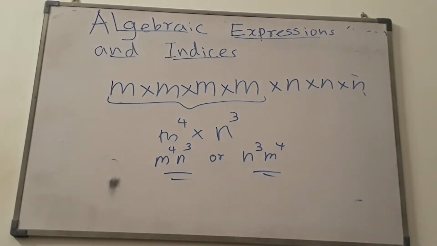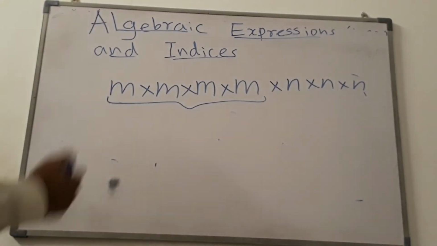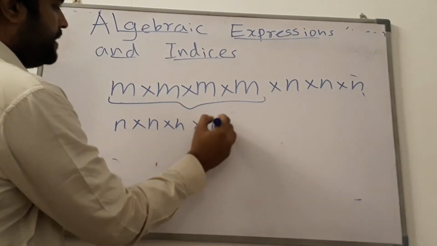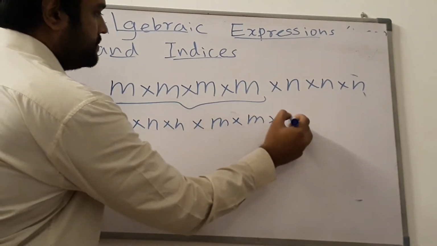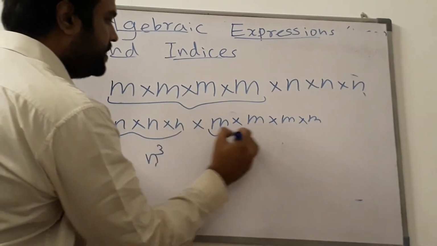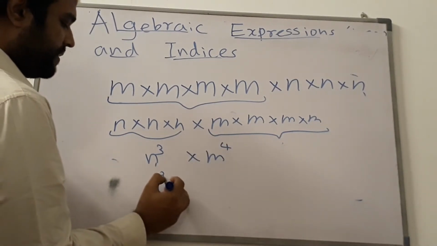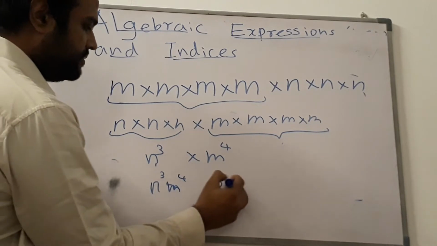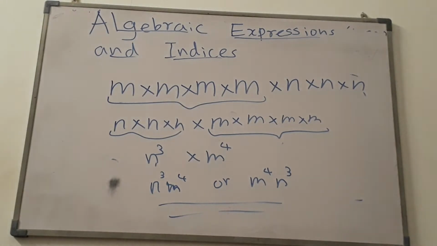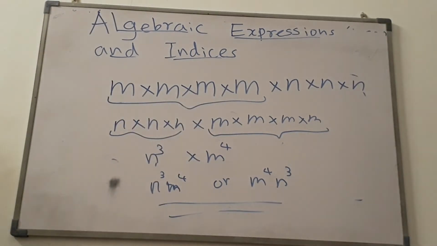Same as if it is n times n times n, where n comes first and m comes second. Okay, 3 n's multiplied with each other means n cubed, or n to the power 3, m to the power 4. Here also we can write it as n to the power 3, m to the power 4, or m to the power 4, n to the power 3. This way also we can write the same expression, 4 m's here, 3 n's here, multiplied with each other.